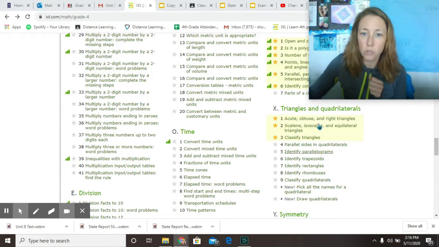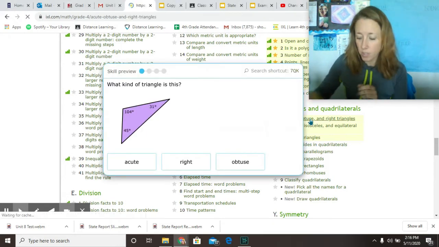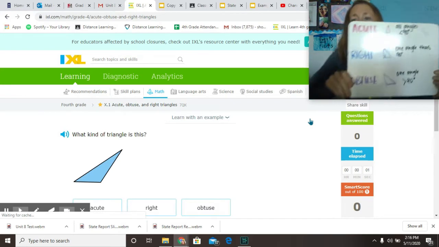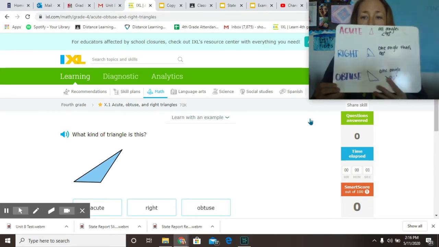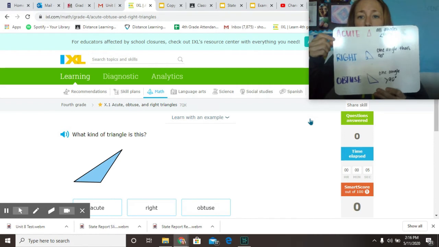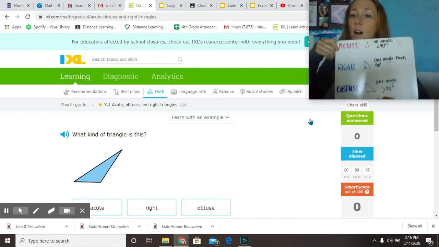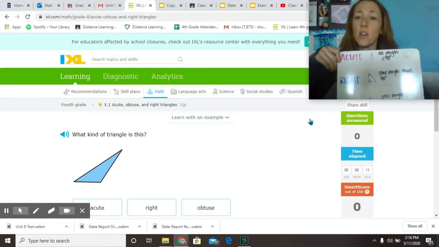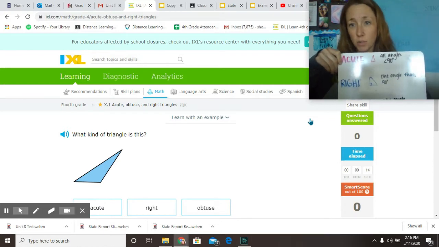So let's jump into number one. This is classifying triangles by angles. There are three types of triangles. There's acute, and acute is when all the angles are less than 90 degrees. I always think about acute as, normally we think of cute things, small things like kittens and puppies and babies.